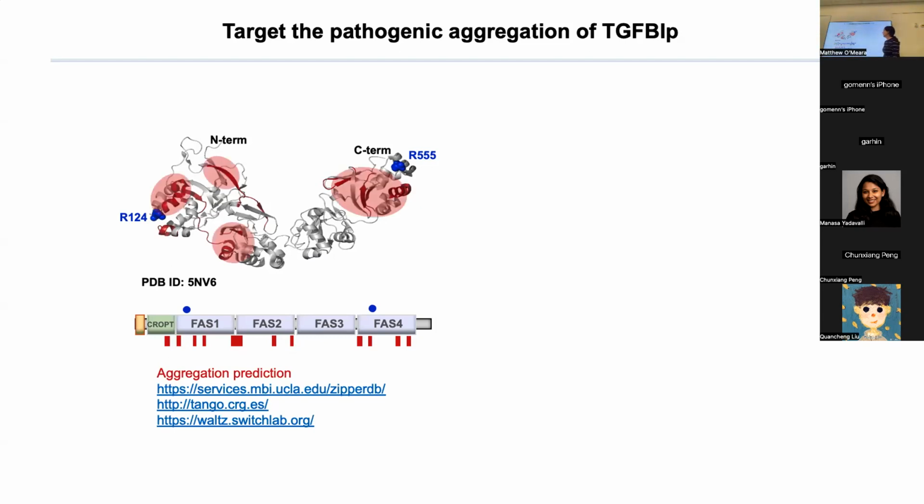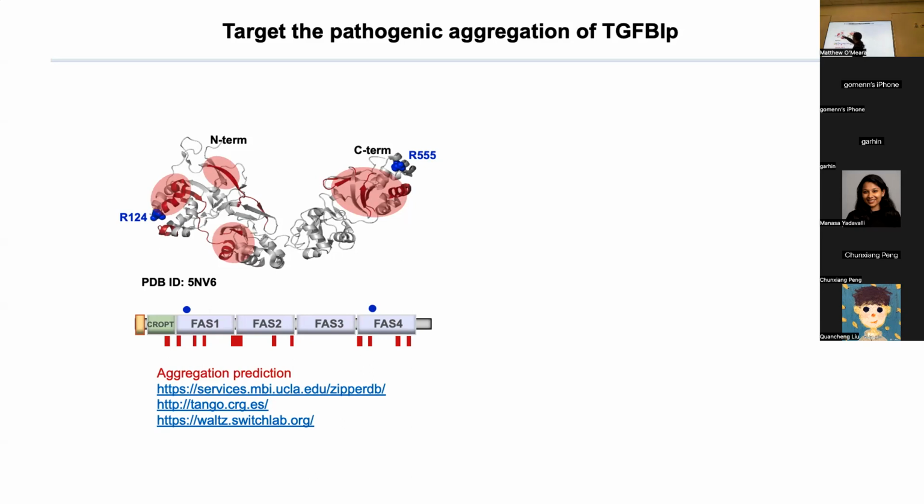And notice that in blue, I have pointed out the places where most of the mutations for this protein are clustered. There are more than 70 mutations, but many of them are clustered either in this region around 555 or here around 124.